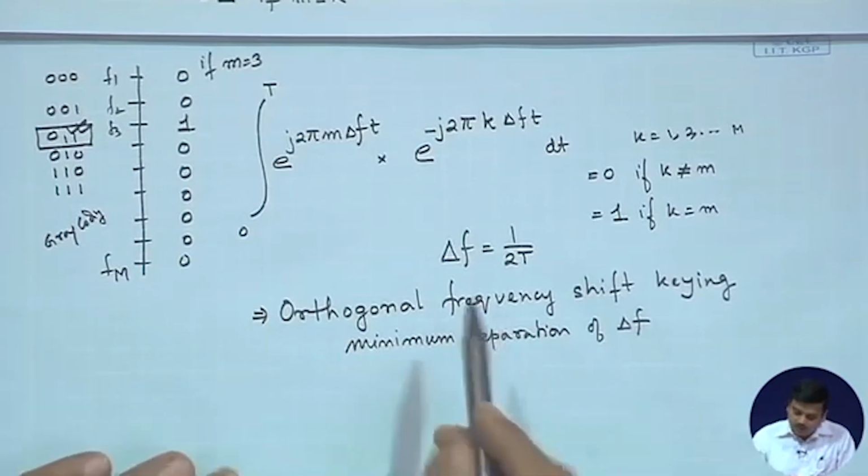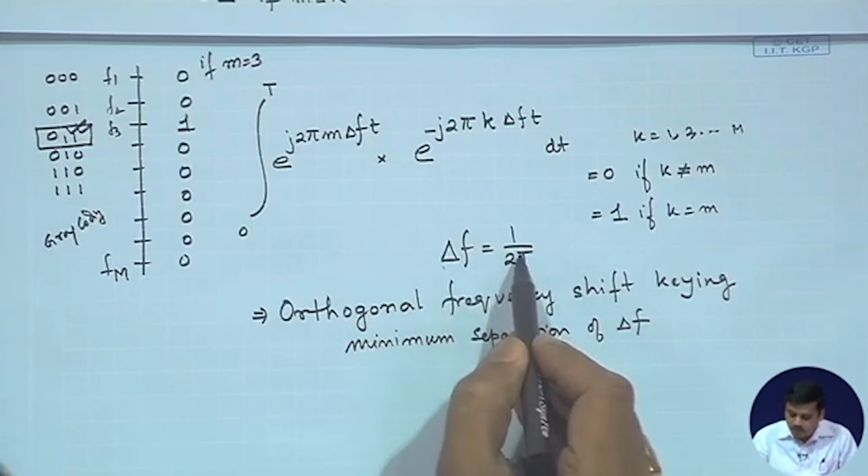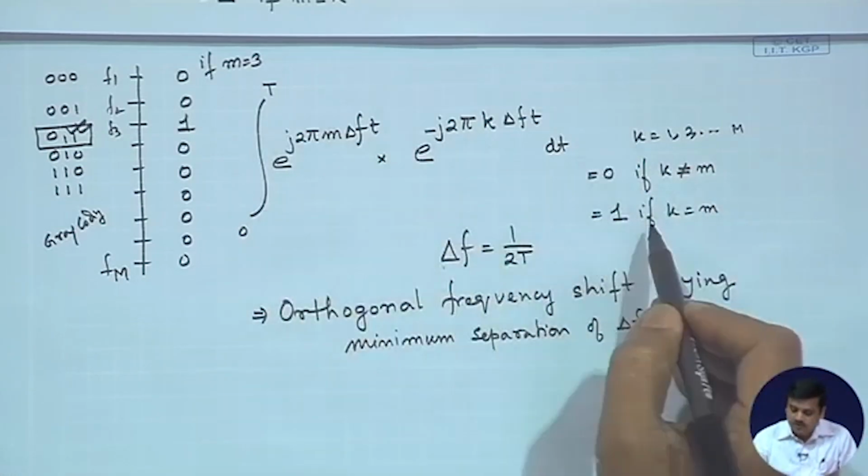And what we have also obtained is, if we maintain delta f equals 1 by 2T, then only this condition holds true, and these whole set of conditions hold true.